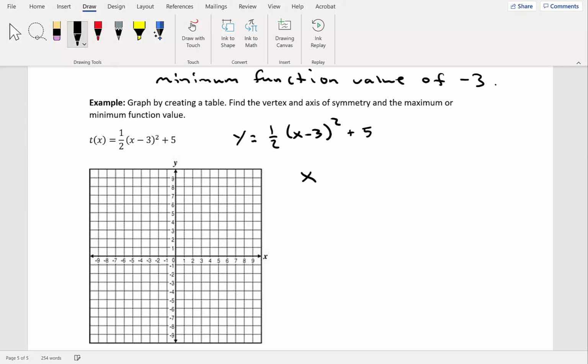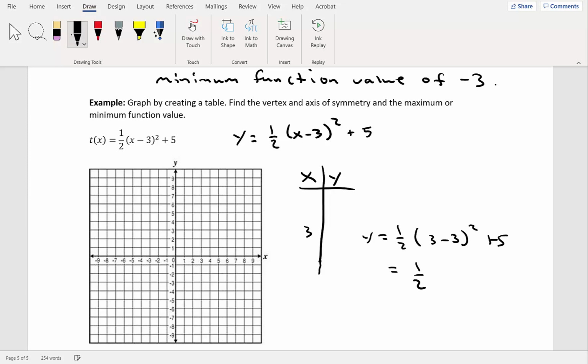Okay, so let's go ahead and create a table. First point we want to determine is the vertex. So you have to ask yourself, what can I plug in for my x in order for this to be 0? I could plug in 3. So if I plug in 3 for my x, I get y is equal to 1/2 times 3 minus 3 squared, and then plus 5.